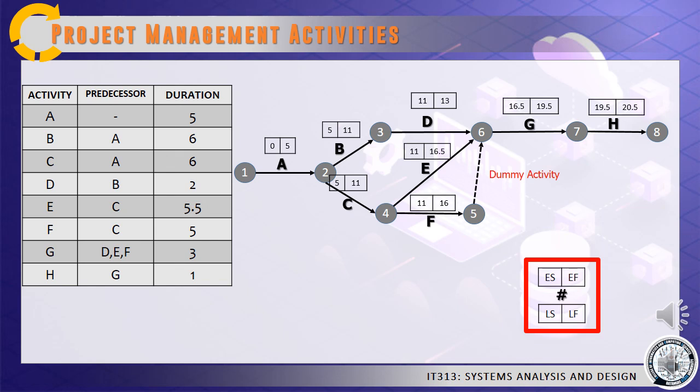For example, activity A started with day 0, and then we'll be adding the duration to the early start day to identify our early finish time. So that would be 0 plus 5, which gives us 5 as our early finish time. That applies to all activities.